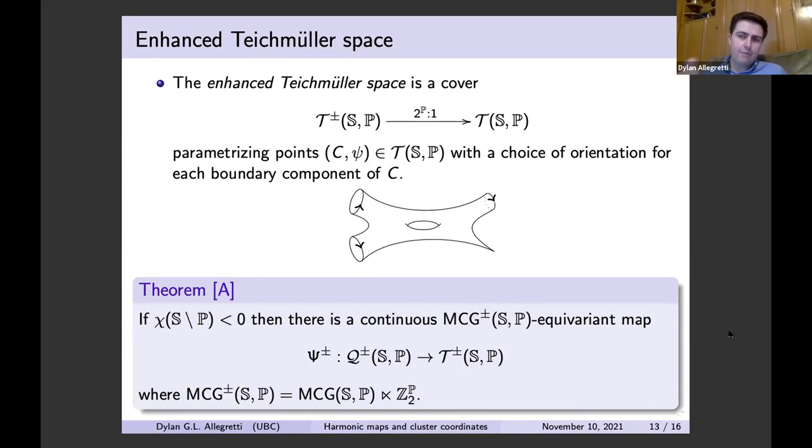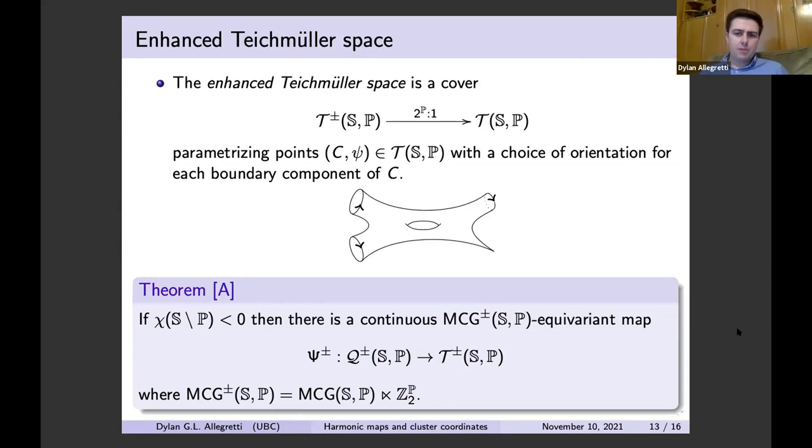And that second factor acts in the sort of obvious way on these two spaces. So on the space of signed quadratic differentials, it acts by changing the signing at each pole of order 2. And on the enhanced Teichmüller space, it acts by reversing these orientations at the boundary components.